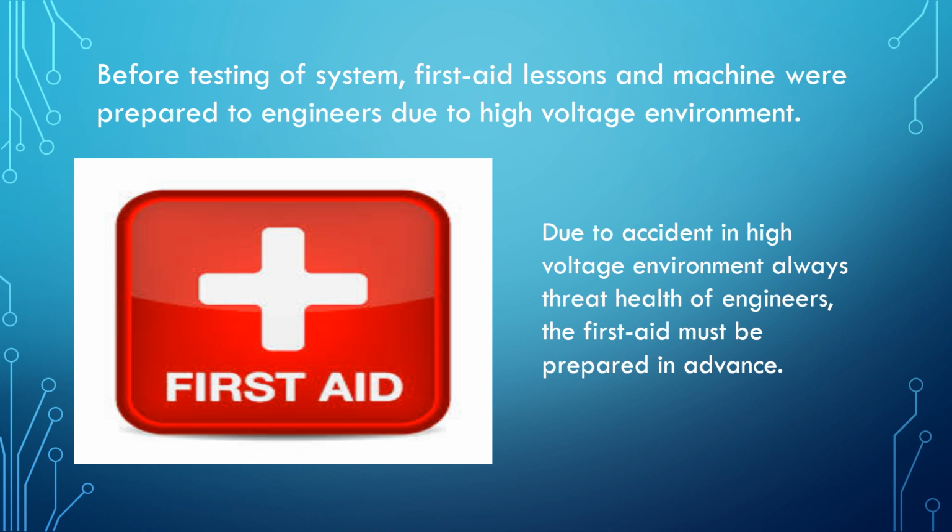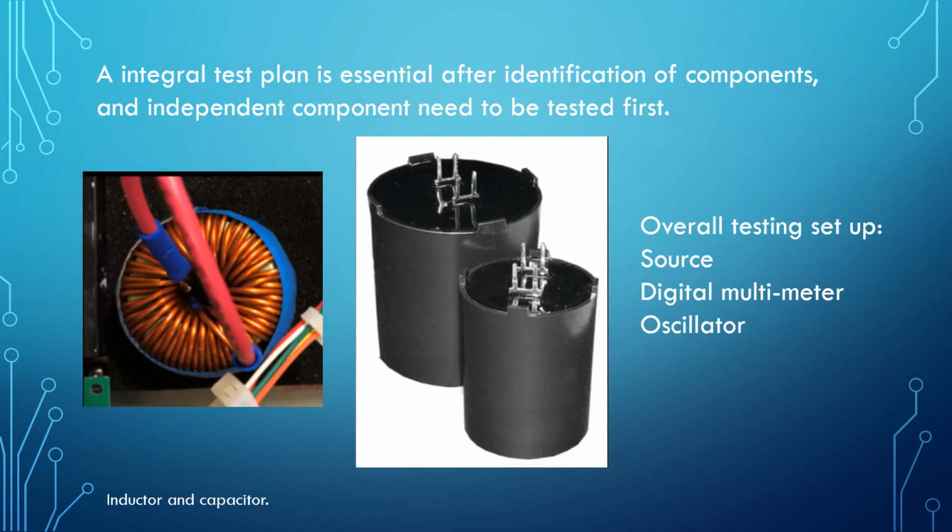This is very important because the high voltage environment is very dangerous. It would always threaten the health of the engineers. Maybe a little error could cost the life of an engineer. So first aid must be prepared in advance.